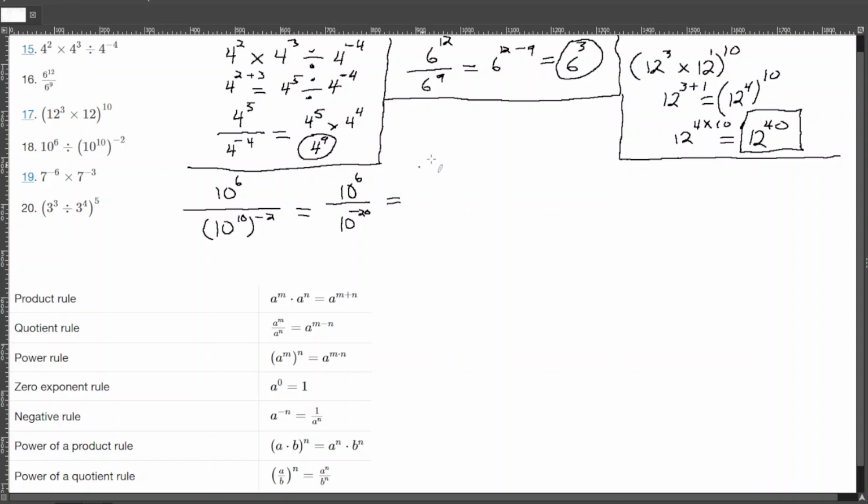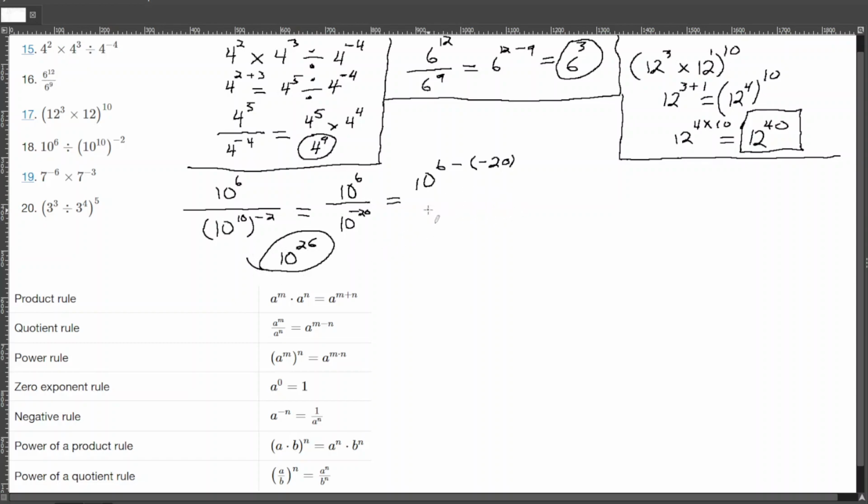And now we could do the quotient rule, which is probably what I should have done on the previous one. So that ends up being 10 to the 6th minus negative 20. You're subtracting a negative, so it's adding a positive. So that ends up being 10 to the 26th power.